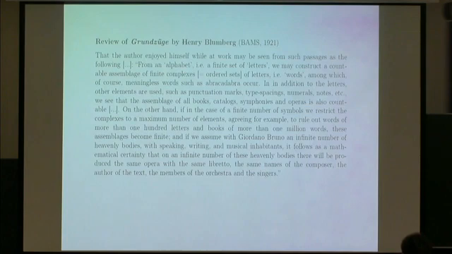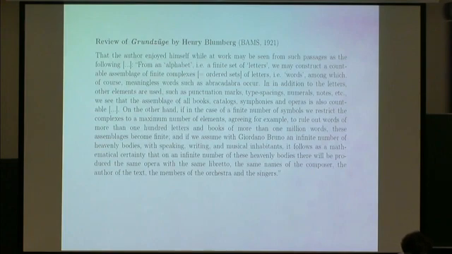From an alphabet, a finite set of letters, we may construct a countable assemblage of finite complexes, ordered sets of letters, that is words, among which, of course, meaningless words such as abracadabra occur. If in addition to the letters other elements are used, such as punctuation marks, type spacing, numerals, notes, he means musical notes, we see that the assemblage of all books, catalogues, symphonies and operas is also countable.